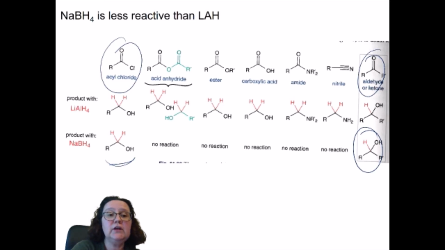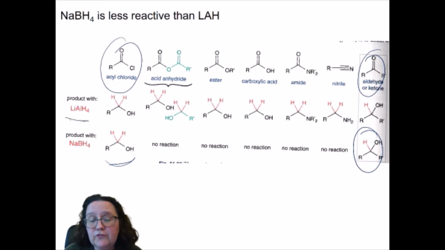As you can see, lithium aluminium hydride is much more effective. It's a much stronger reducing agent, and it's able to reduce all those carbonyl groups in different functional groups to alcohols, or amines if the parent compound, the original reagent, contains nitrogen.